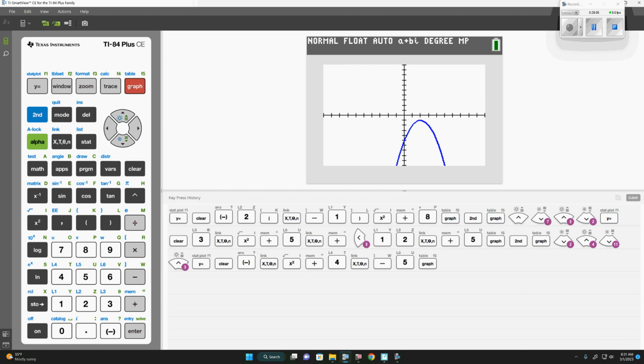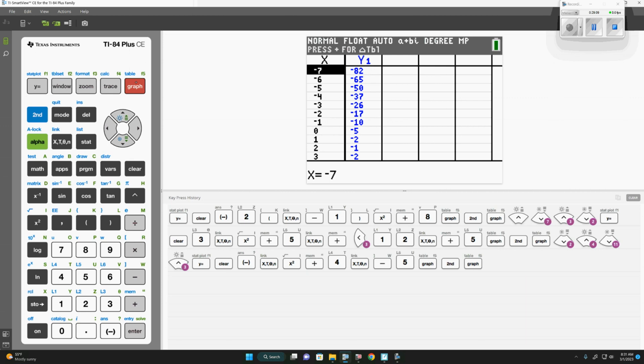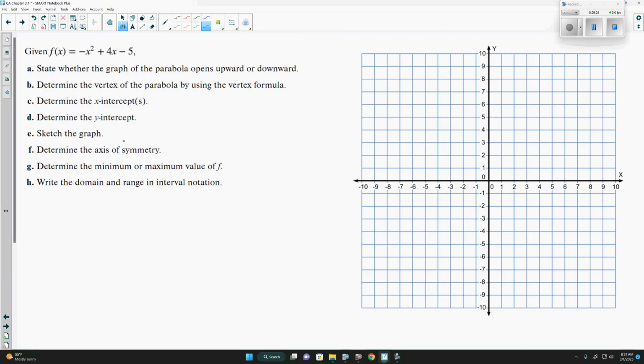We have this here. And again, just like before, one point that we do get that's nice is the y-intercept. 0, -5. So, okay. That's what I see. First, we can put that in. Y-intercept is 0, -5, or we can just say the value -5. That's going to be the y-intercept. That's where it crosses the y-axis.